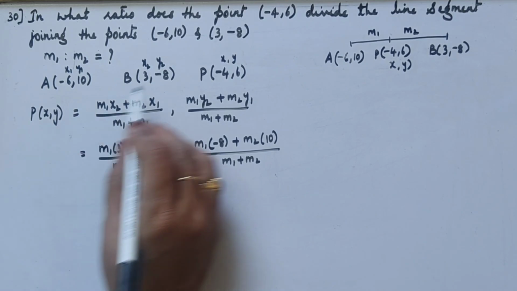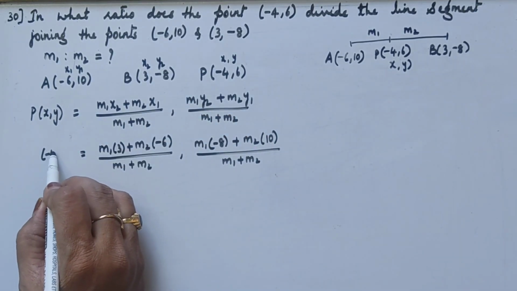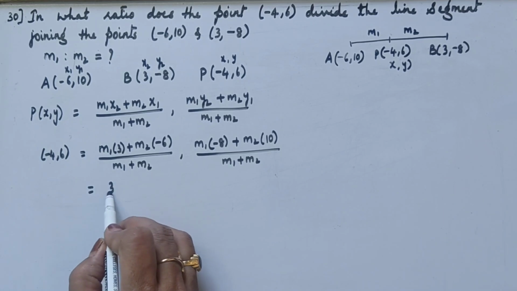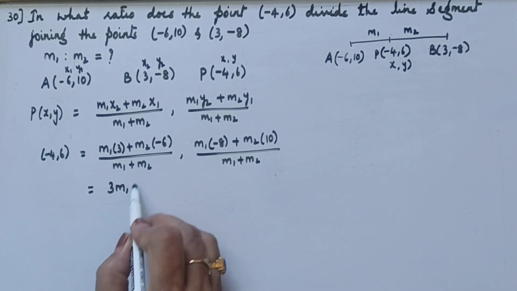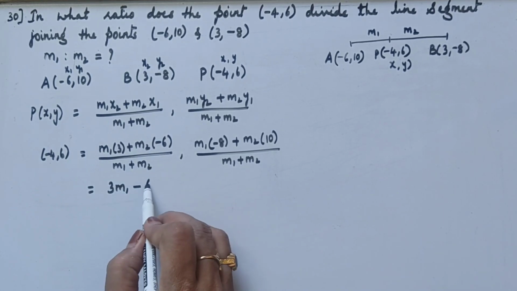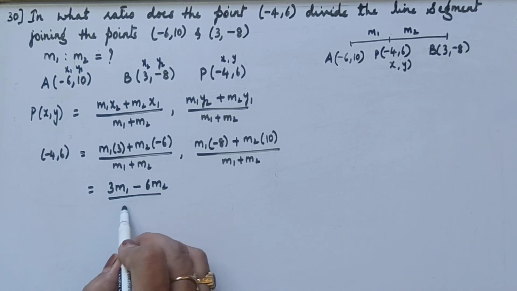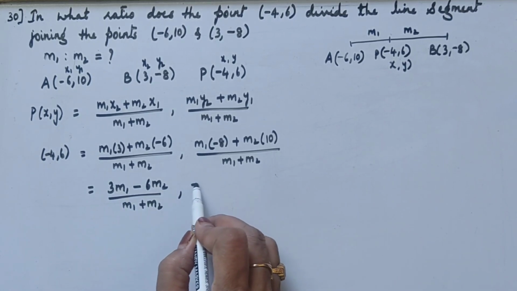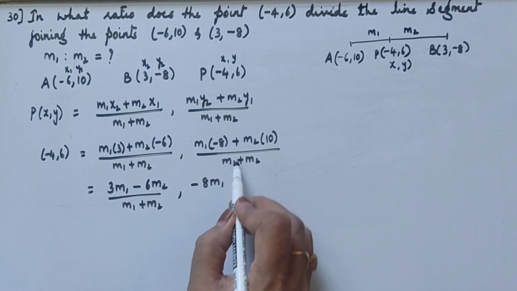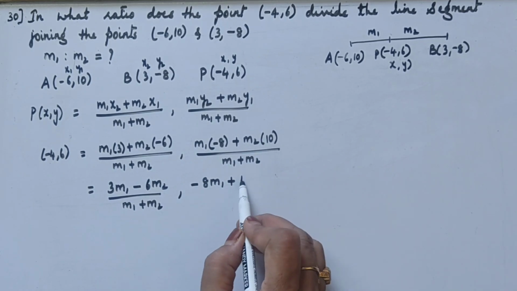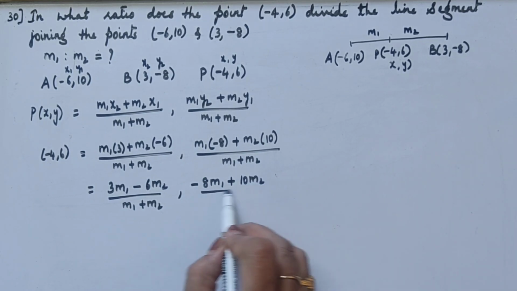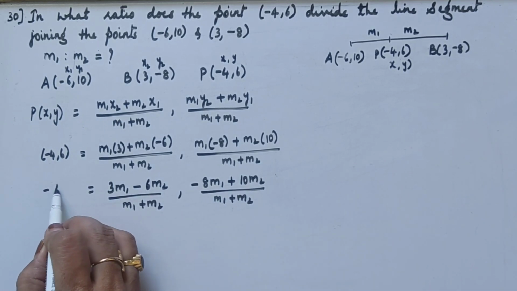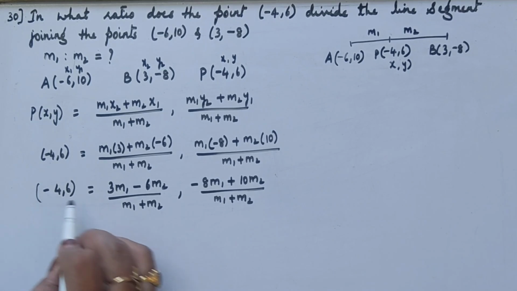But we know P x y value is minus 4 comma 6, equals to, this will be 3 m1 plus into minus is minus 6 m2 upon m1 plus m2 comma, this will be minus 8 m1 plus 10 m2 upon m1 plus m2. This is minus 4 comma 6.